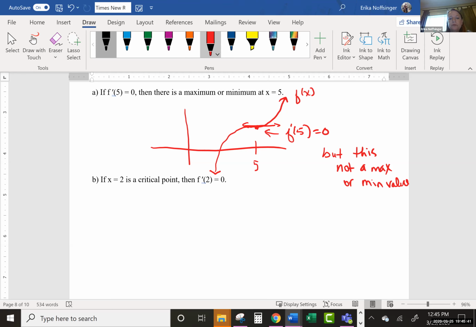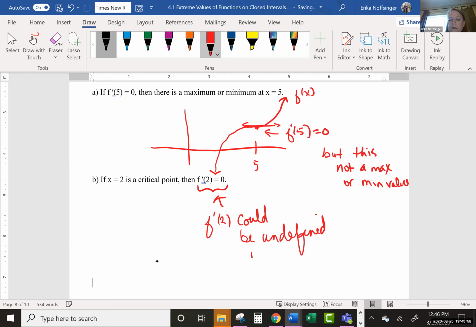So f prime of 2 could also be undefined to be a critical number. So this was false.